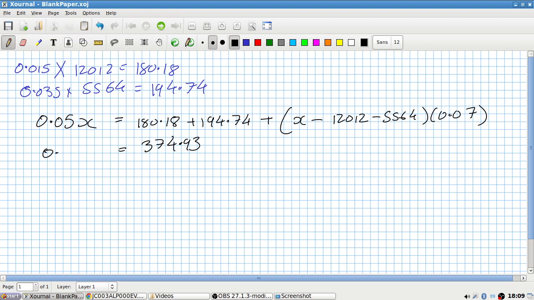374.93, 0.07x, and then 12,012 and 5564, but then multiplied by 0.07. So that's minus 1230.32.